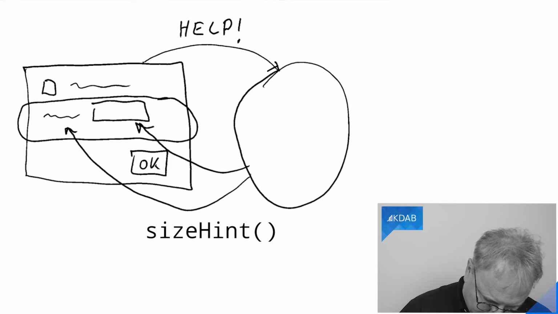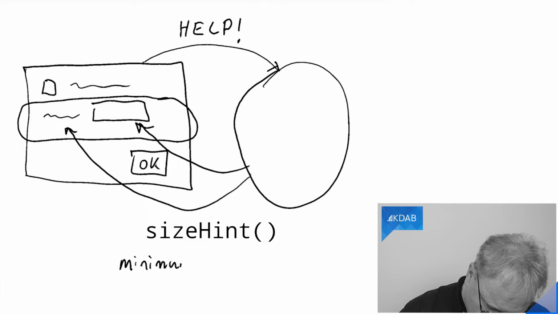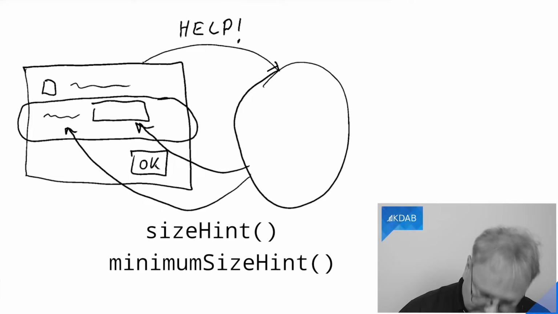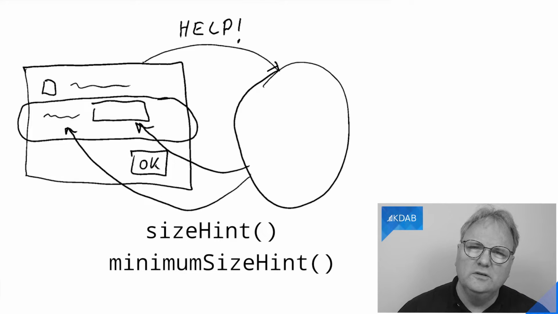And the method that it will call is minimumSizeHint. So it will call minimumSizeHint on these two to get an idea. In addition to that, there's a bit more going on. It would also look at the layout manager itself for any stretching setup, and we'll see that in a few minutes.